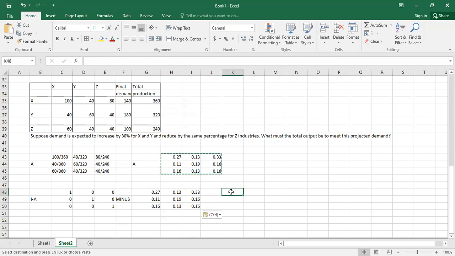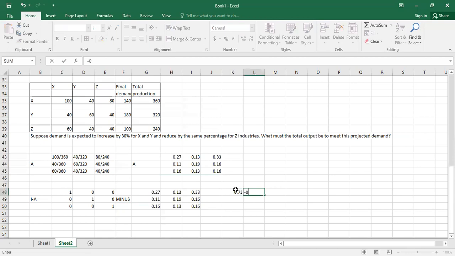The leading diagonal is the only one that is affecting us. All the others will be negatives. So this will be 0.73, negative 0.13, negative 0.33, then negative 0.11.